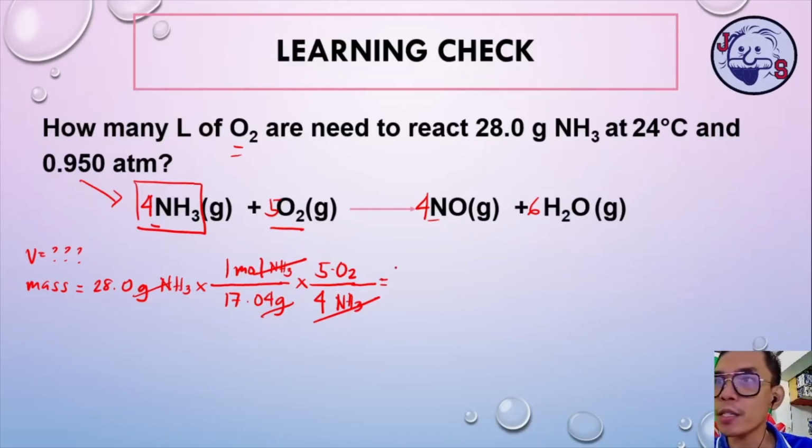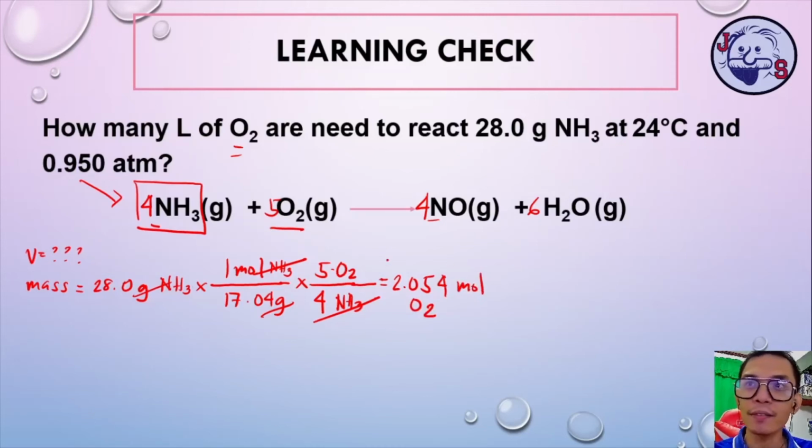The answer is 2.05 mole, or 2.054 rather, mole O2. So we are done with the n. This will now be our n.